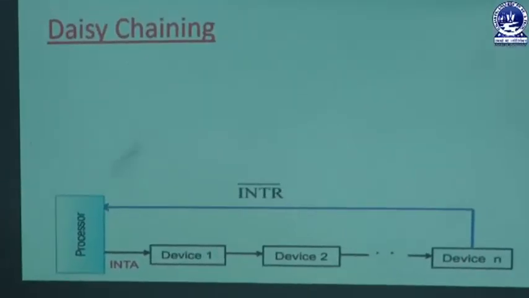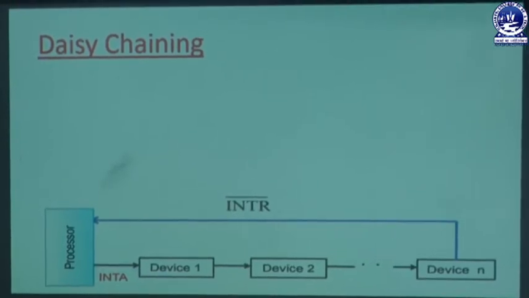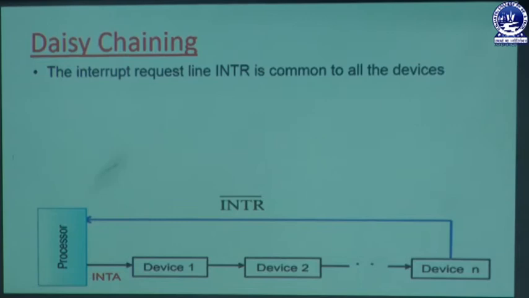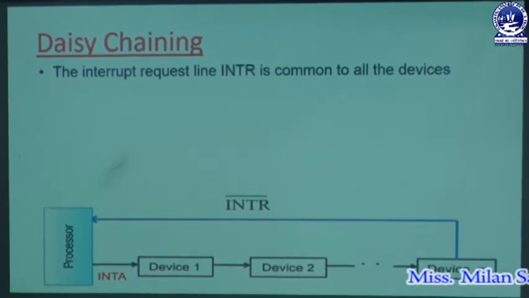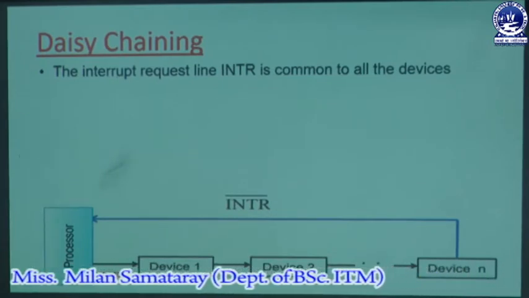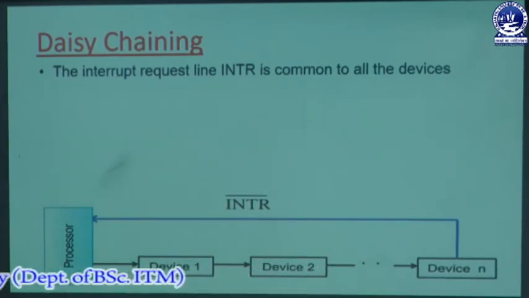In the daisy chaining method of handling multiple devices, the interrupt request line, INTR, is common to all the devices. But in interrupt nesting, we discussed that every device is attached with its own interrupt request line and its own interrupt acknowledgement line.